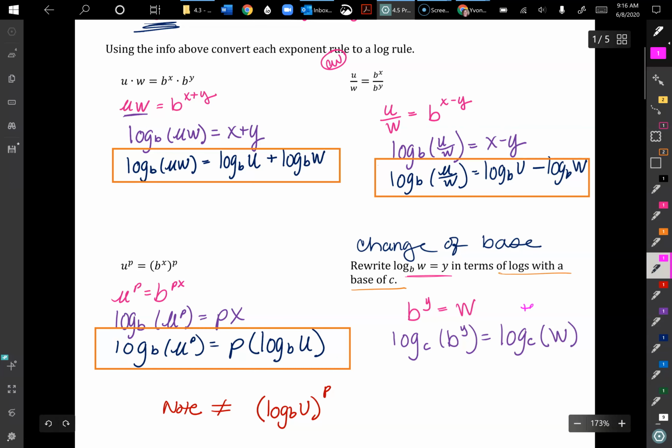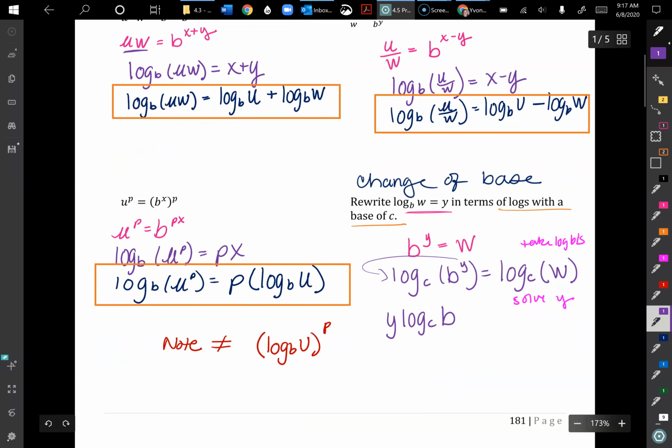So I'm going to take log of both sides and then solve for y. So here I have this property that I just finished earlier. I can kind of bring down that y in front. So I have y log base c of b. And that is equal to log base c of w.